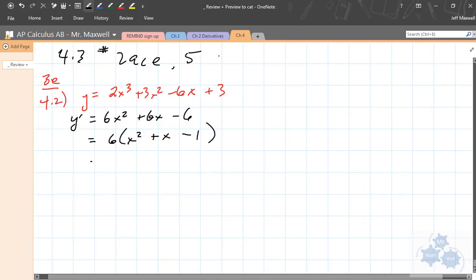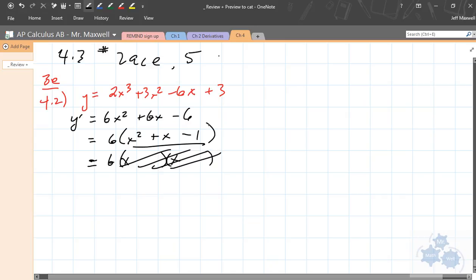Now, the trouble you may run into here is factoring this. Does it look like you'd be able to factor it the traditional way, x times x? What are the factors of 1, negative 1 that add to positive 1? No. So this is where you run into trouble. We can't do it this way.